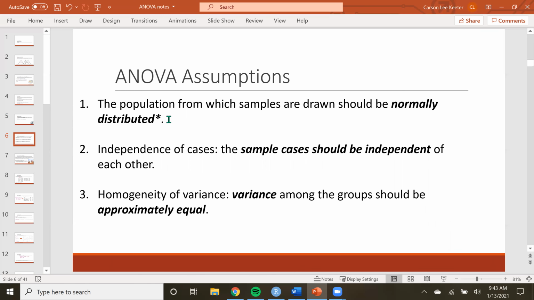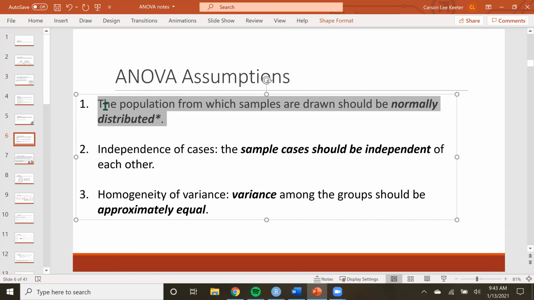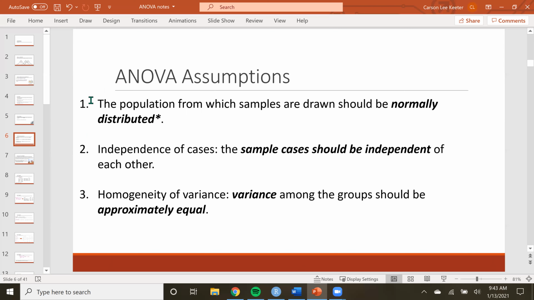Practically, we don't need to worry about that much. Oftentimes, if our sample size is large enough, then we're good. This assumption is met when we have a large sample size. And what quantifies large is totally subjective, which is hilarious.